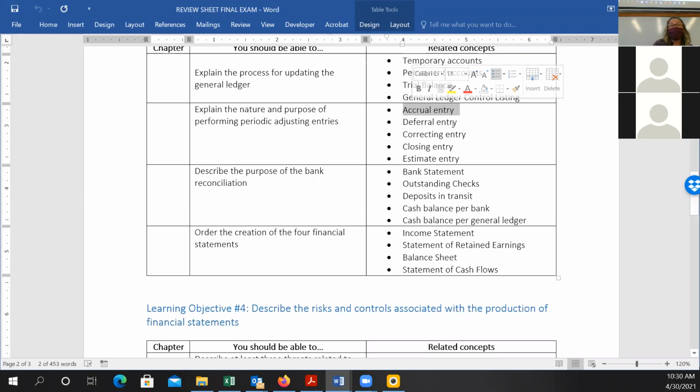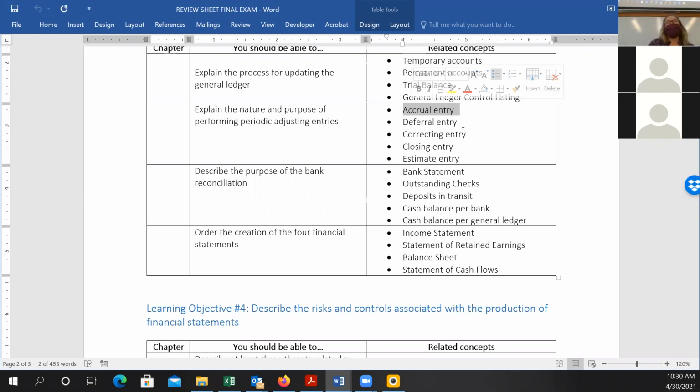And then finally the deferral entry, which was what Julian's question was, that's where you've already received the cash or already paid the cash, but you haven't received the benefits from purchasing something.